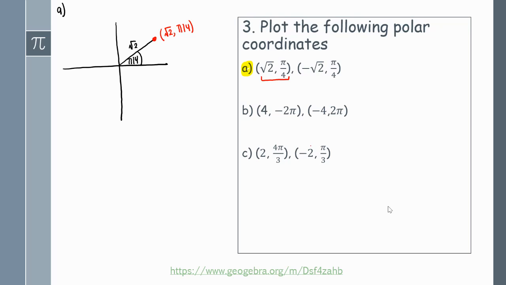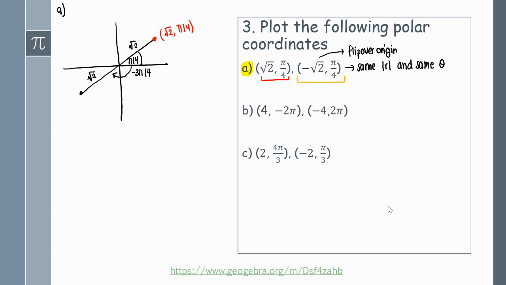Now, the second point for A is minus root 2, pi on 4. This is where that negative r comes into play. Whenever you see a negative r, that means you flip the point over the origin. Because this has the same absolute value of r and the same theta, what we do is we go pi on 4 units up, root 2 units long, but then we flip it across the origin.